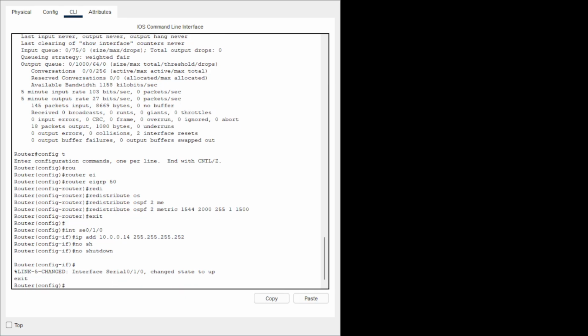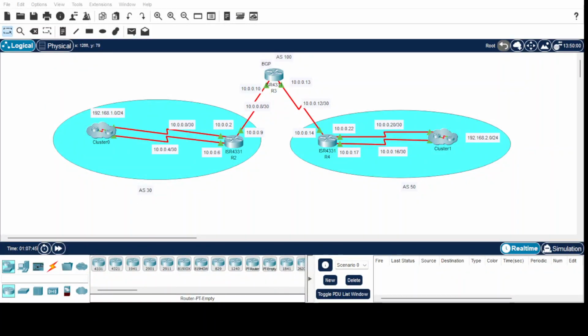So now we can switch off our router 4 screen. Back to main screen. Now here our port is up now.